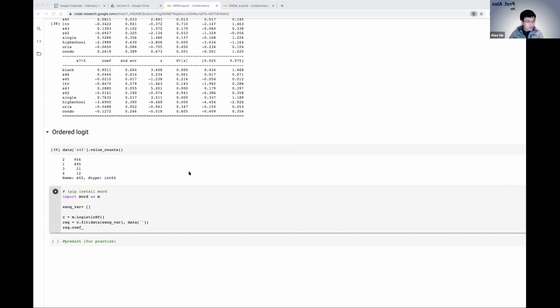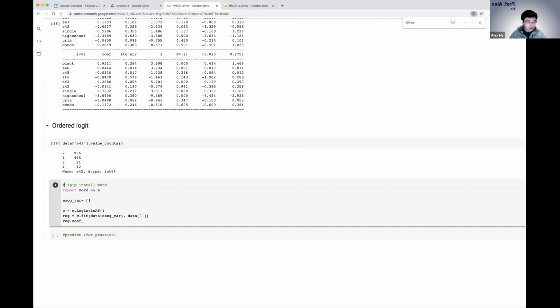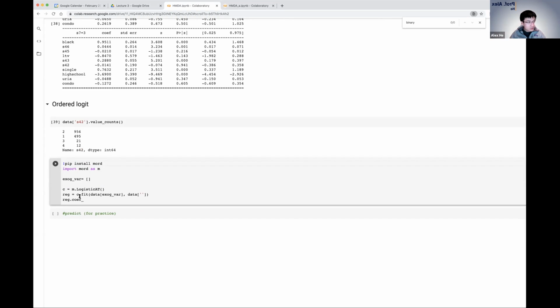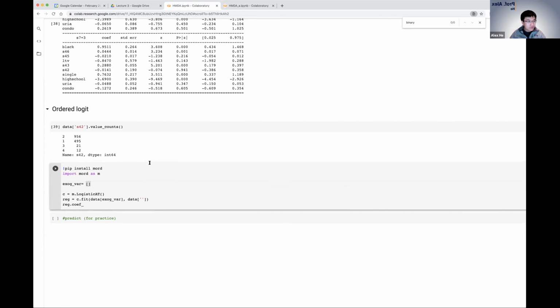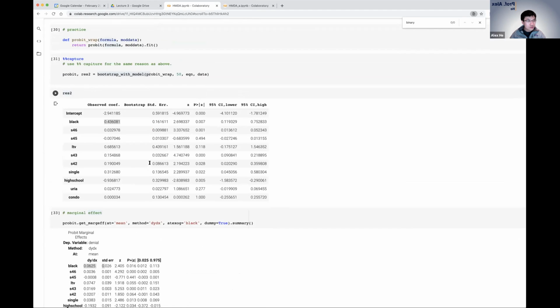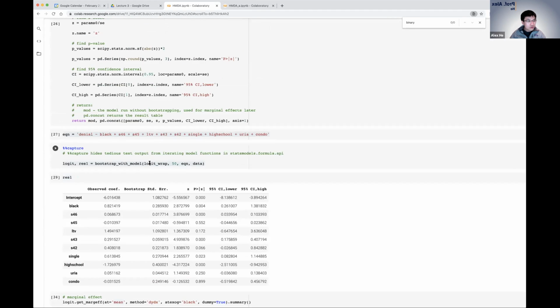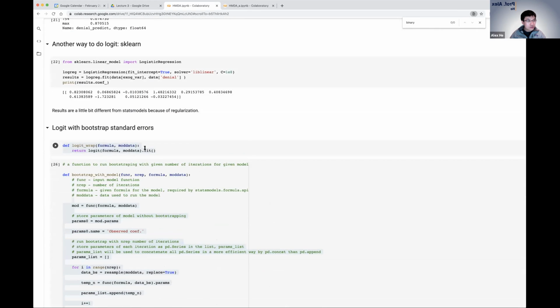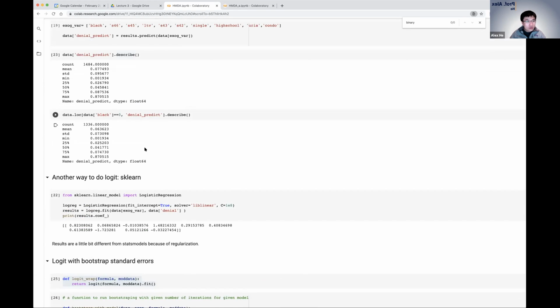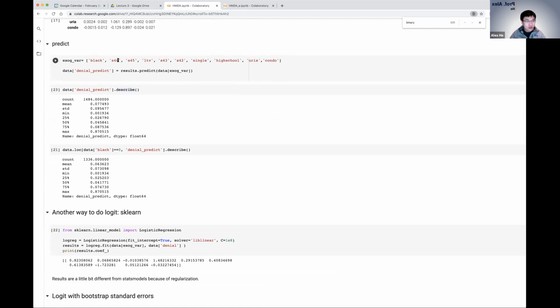So let's try S42 here. You have to install another library, unfortunately, for the ordered logit. Then we have to redefine the exogenous variable, because before we had S42 in the exogenous variable.